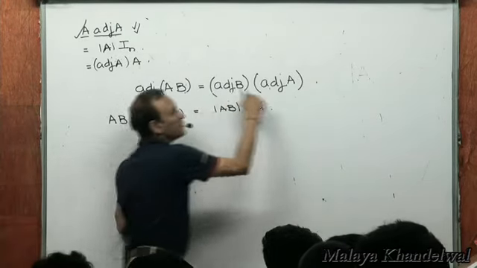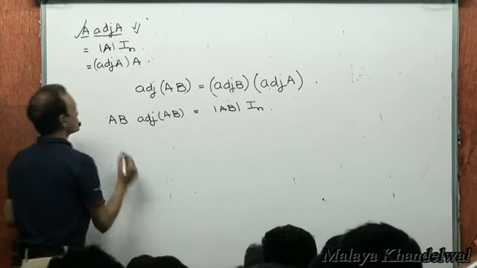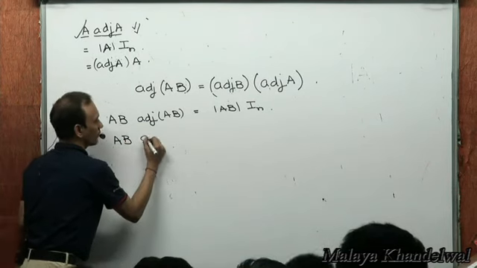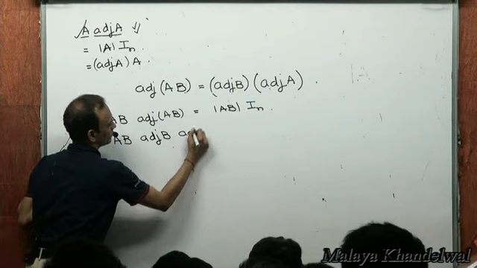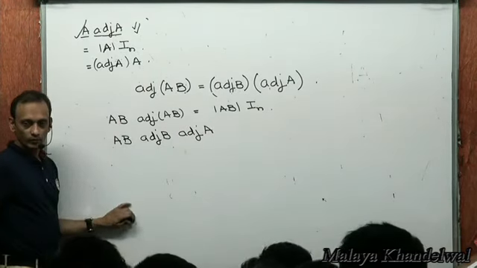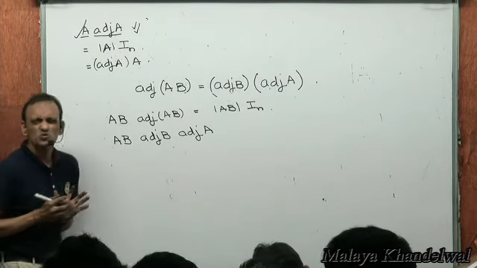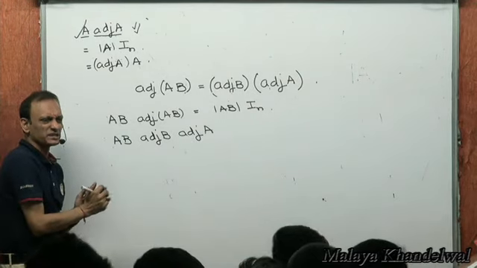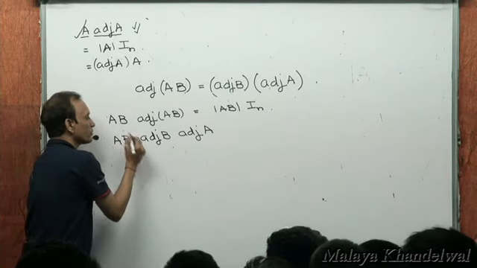Now let me look at AB into this. Associative property. So I can carry out the multiplication by putting parentheses wherever I want, right? You realize what I'm doing?